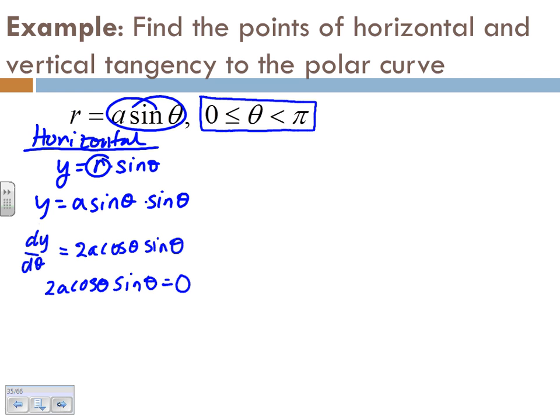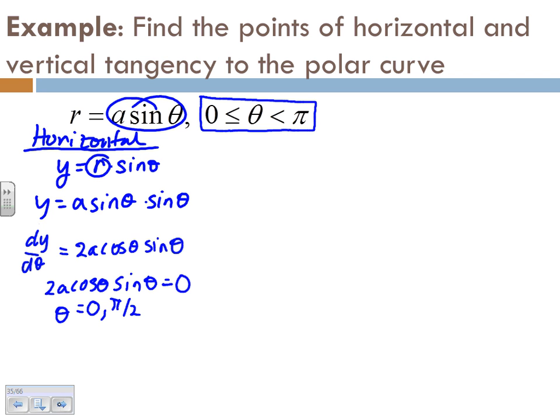So what am I going to get out for some thetas? 0, pi over 2, pi, nope. That's it, because then you start with things bigger. Questions so far?